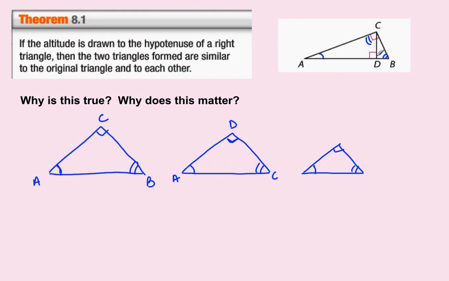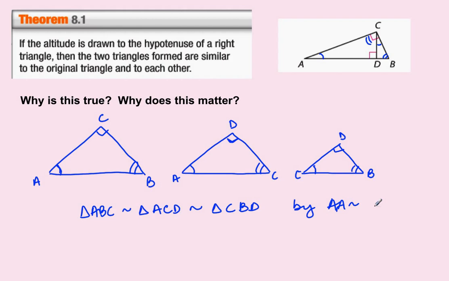In my small triangle, the right angle is D, the 2 arcs is B, which means that the 1 arc must be right here, and that's C. So if I look at these three triangles, they all have three congruent angles. That's enough information for us to say that triangle ABC is similar to triangle ACD is similar to triangle CBD by angle-angle similarity.